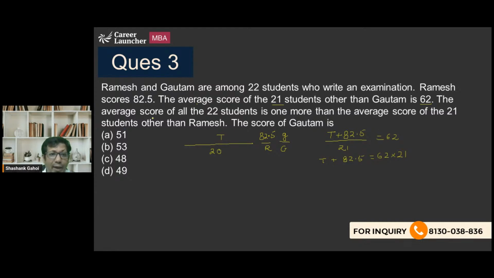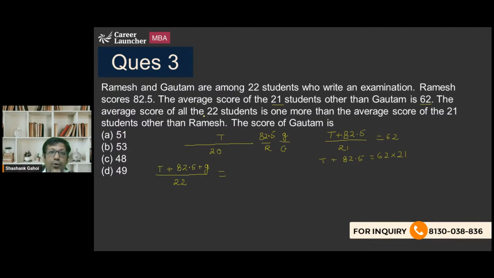Okay, the average score of all 22 students. So what is the average score of all 22 students? That is 82.5 plus G, so that is the total score, divided by the total number of students, which is 22.